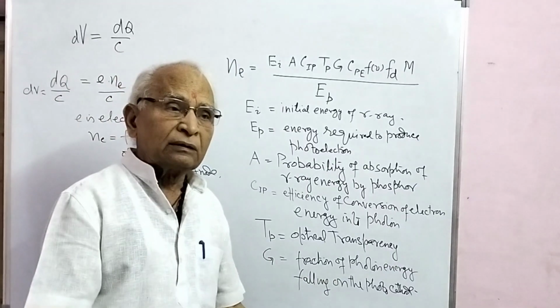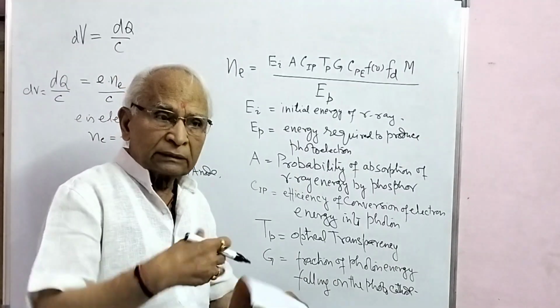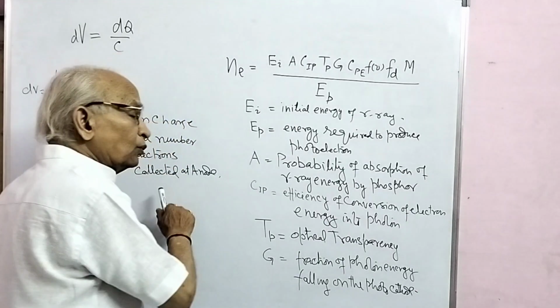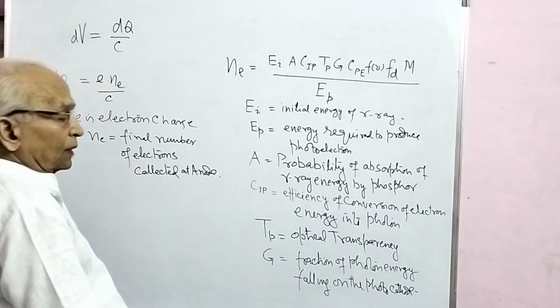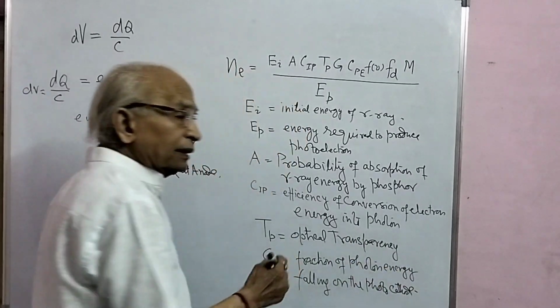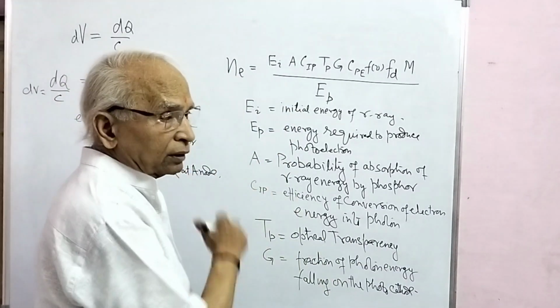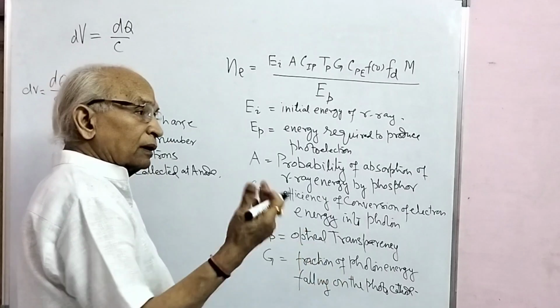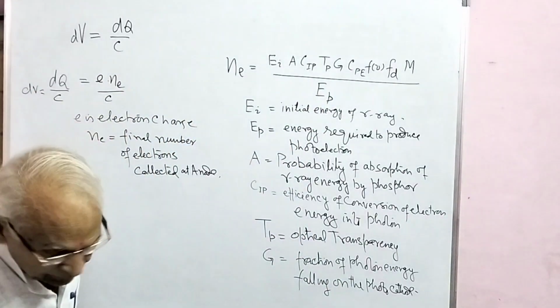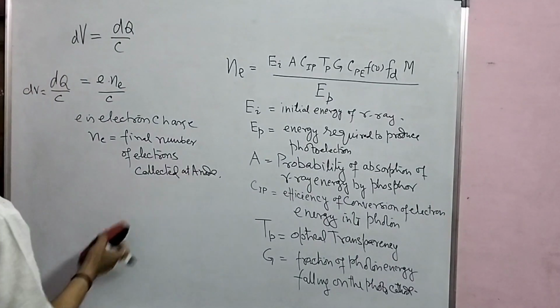All of it, or some missing, say 80% falling. So how much energy is being absorbed by the photocathode, all or with refraction? So G is that fraction.